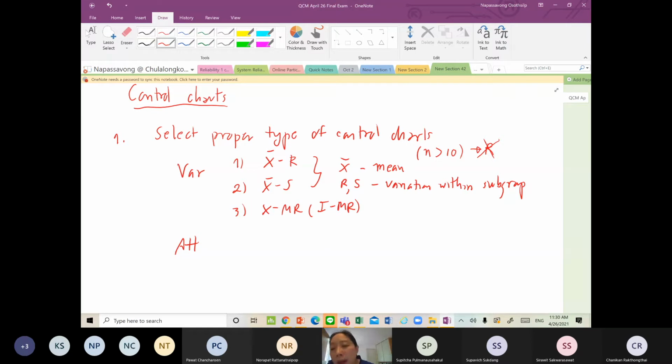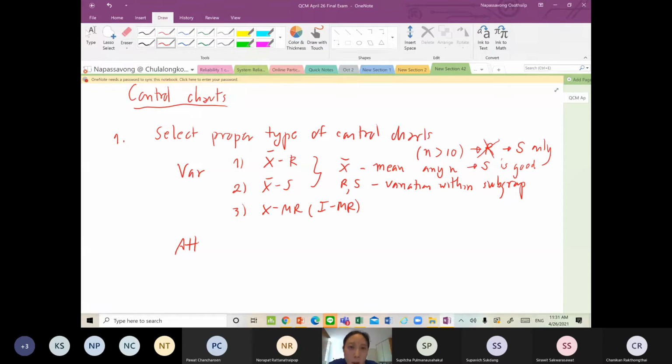So you have to use S charts in that case. But when n is small, or n is less than 10, using S, the standard deviation, is also good, because S uses all the data points that we have. So generally using S is better than using R.